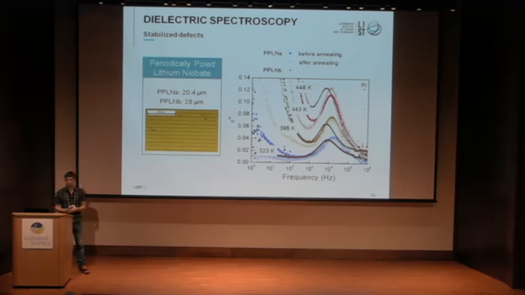But with two main differences. The first one is that when we anneal the sample, we still have the same relaxation with the same amplitude and at the same position, even if we anneal at 800 degrees. Second difference, the peak position does not shift when increasing temperature.